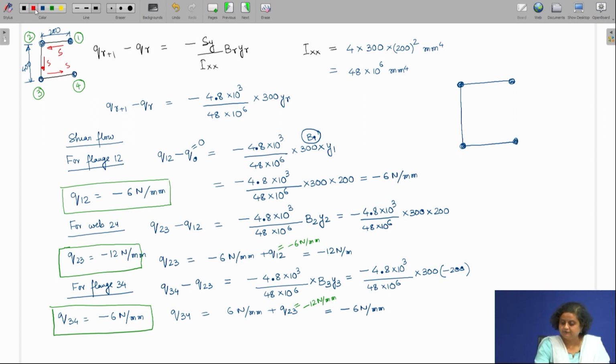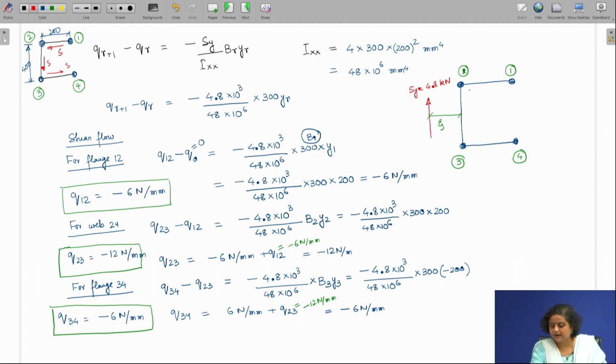I have a shear force, and let me name them as 1. Now the shear flow that we have calculated is minus S, from right to left was considered to be positive.